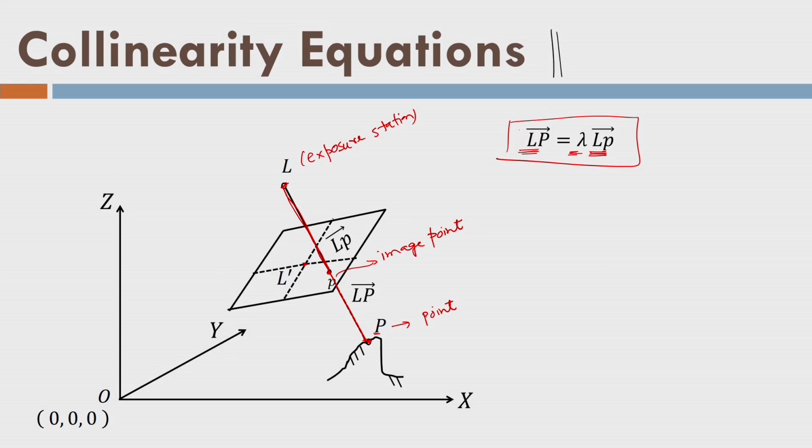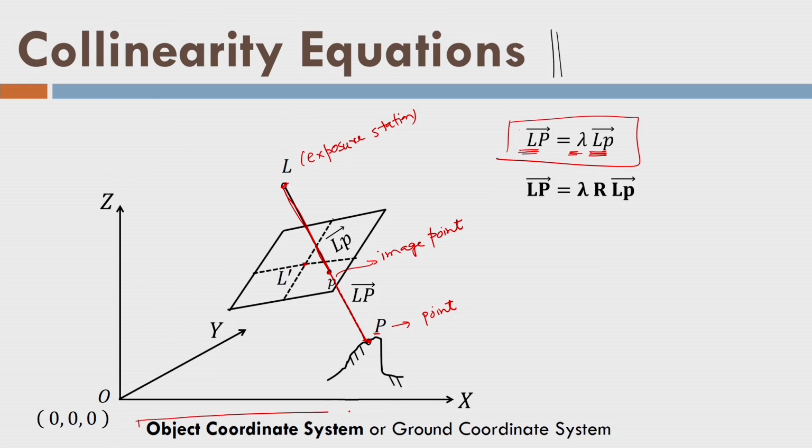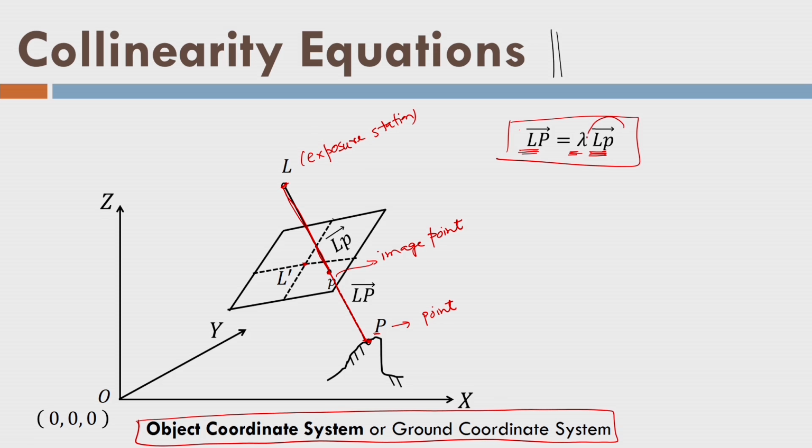Now let us see, there is an object coordinate system, or it is also written as ground coordinate system in the books. These two names are very, very common, so if you come across either term, don't get confused, they are the same. Now you can see that this vector LP and this lp may not be in the same coordinate system.